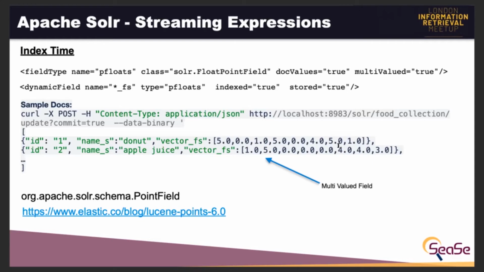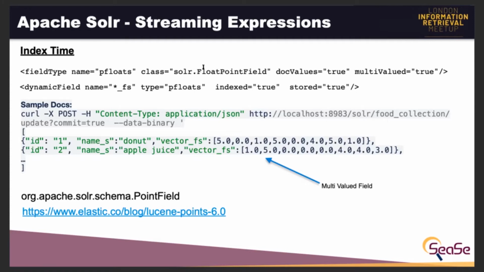So the vector will be encoded as a multi-valued field. So each value of the vector is actually one value of the field, because bear in mind that float point field is unidimensional. So at the moment, unfortunately, we're going to see this is a limitation. You can't have multi-dimensional points, except for GeoSearch, but that's a different thing.